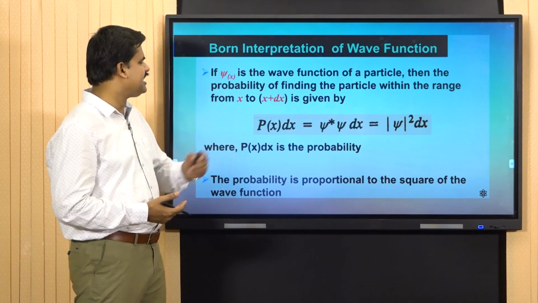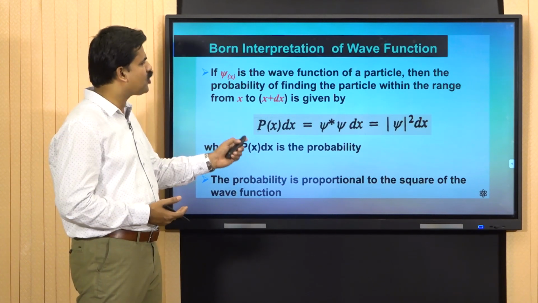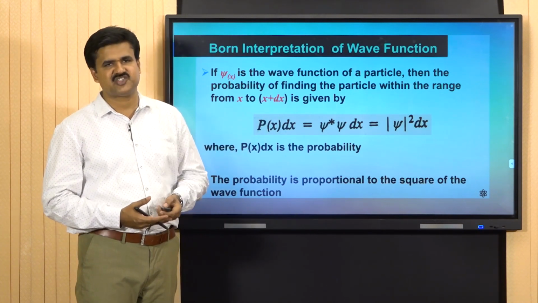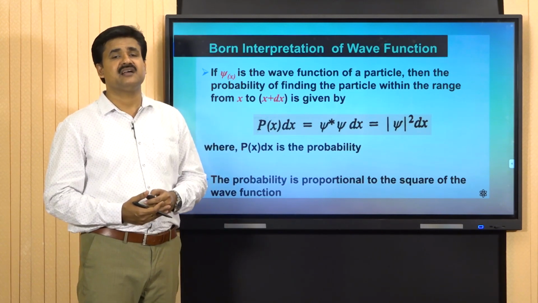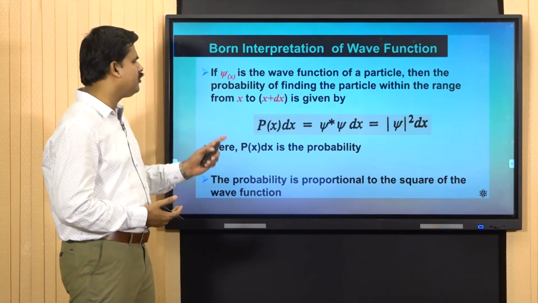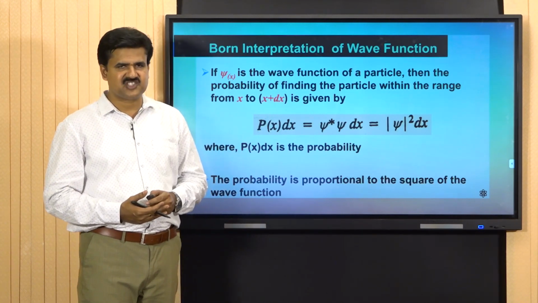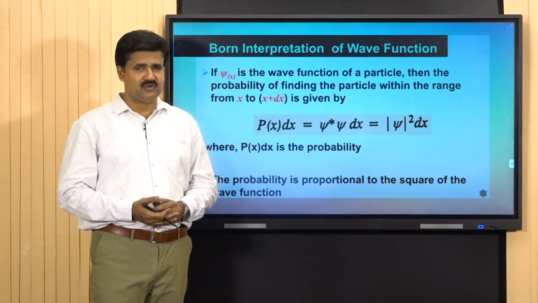Here P(x) dx represents the probability. That is, probability is related to the square of the wave function. Probability equals modulus psi square dx. The probability is proportional to the square of the wave function. This is the Born interpretation of the wave function.